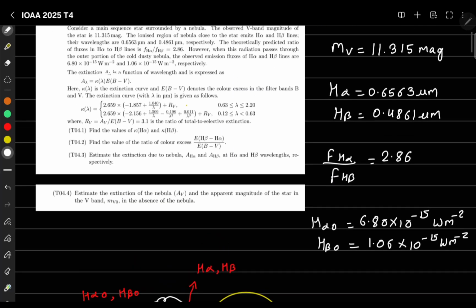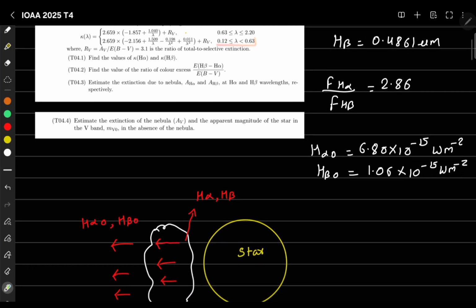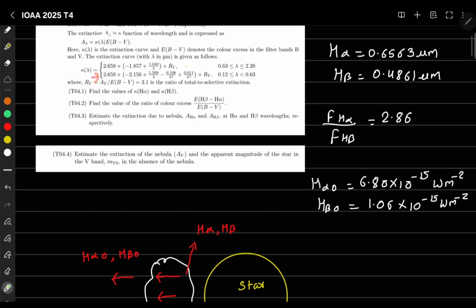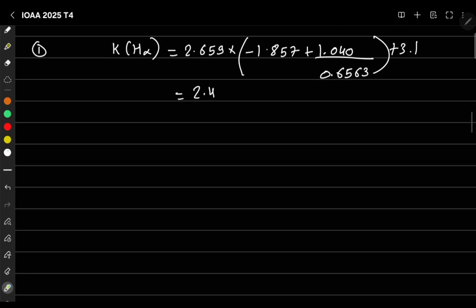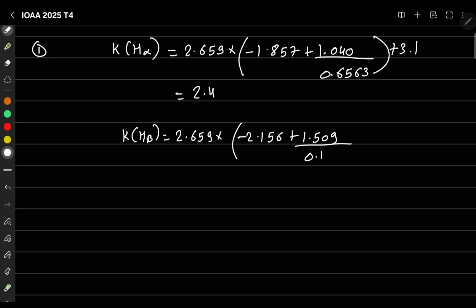Similarly, if I go into this relation, my lambda value for H beta lies in this range, so I can use this relation, which will be k H beta = 2.659 minus 2.56 plus 1.509 divided by 0.4861 and so on.